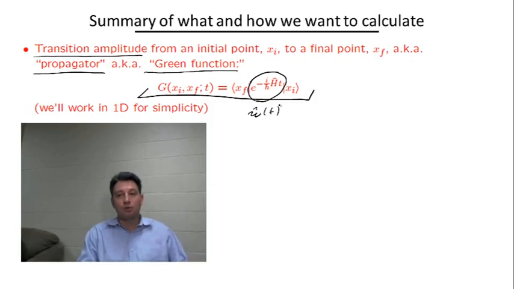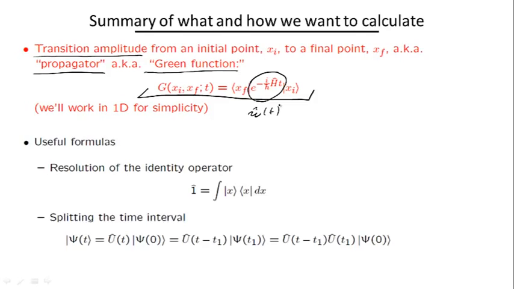In doing this simplification, we're going to rely on two very useful formulas. The first one listed here we already discussed in the second lecture last week. This is the so-called resolution of the identity operator.